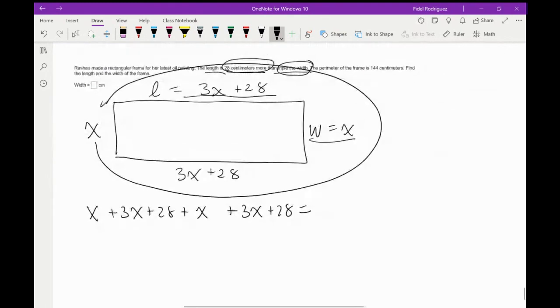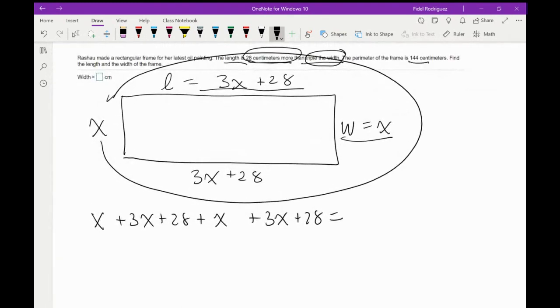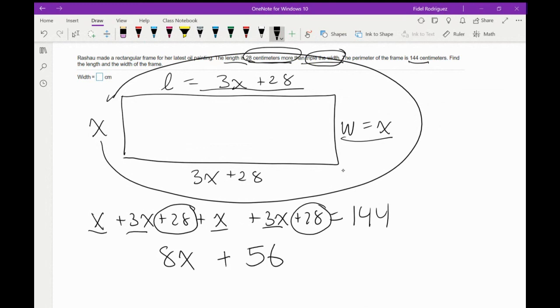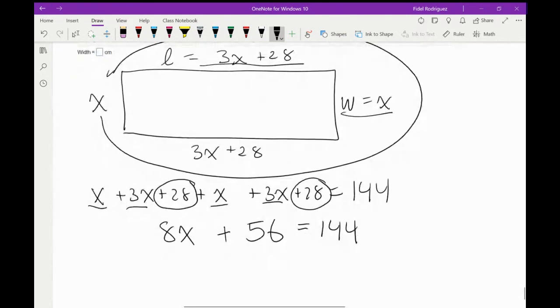And the whole perimeter that they gave us was 144. Okay, so look, x and 3x is 4x, 5x, 8x. 28 and another 28 add up to 56. So let's just combine them all in one step, and then we can get rid of our 56 by subtracting it.